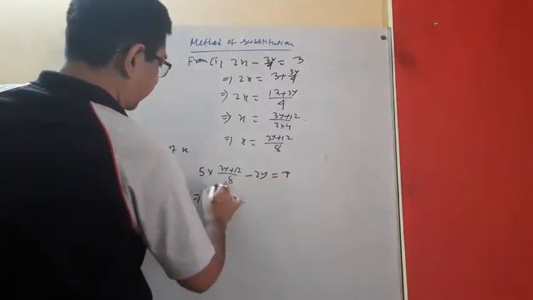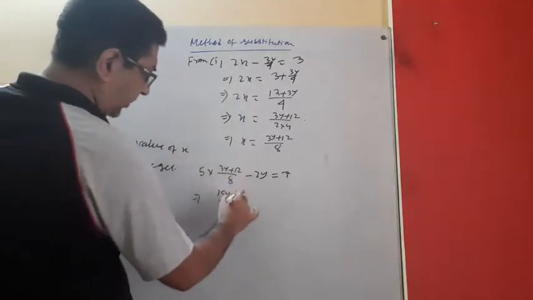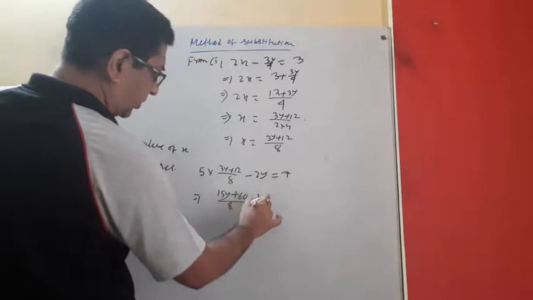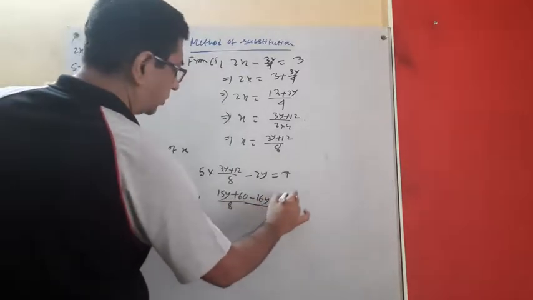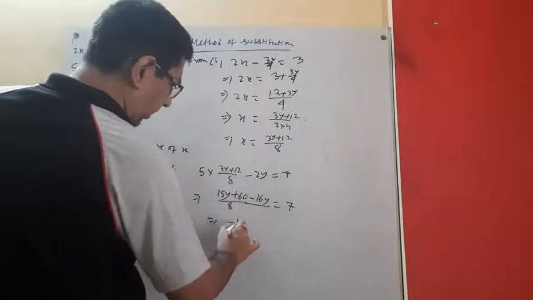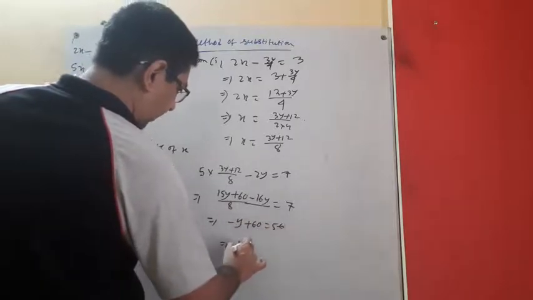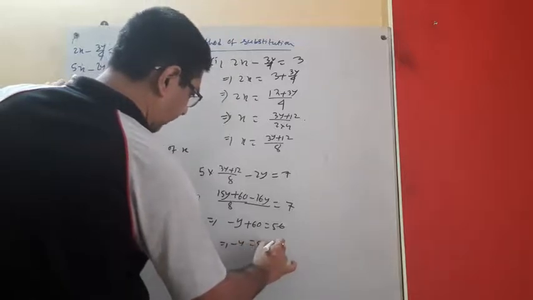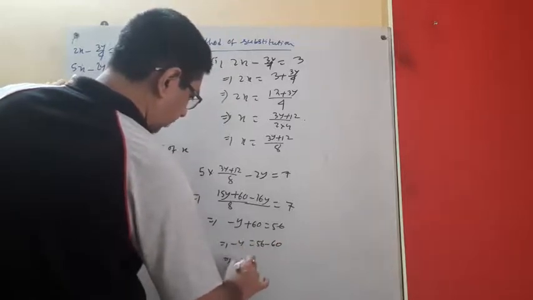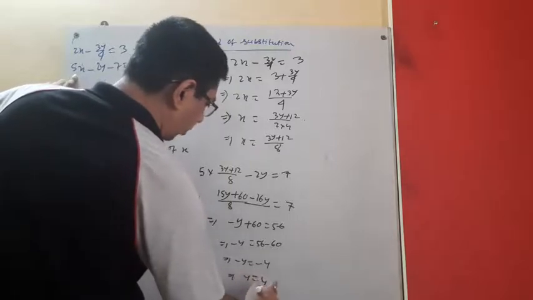So 8 is the LCM: 5 into 3y is 15y, plus 5 into 12 is 60, minus 16y equal to 56. So we get 15y minus 16y plus 60 equal to 56. So minus y equal to 56 minus 60, so minus y equal to minus 4. That implies y equal to 4.